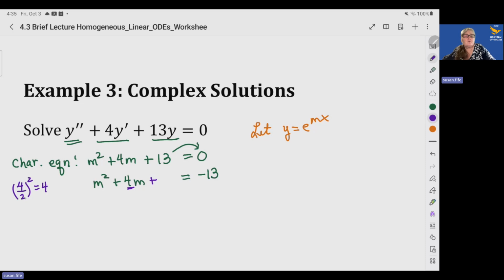Half of 4 is 2, 2 squared is 4, and so I'm going to add 4 to each side of the equation to get m squared plus 4m plus 4, which factors into m plus 2 squared, is equal to -9. -13 plus 4 gives you -9.